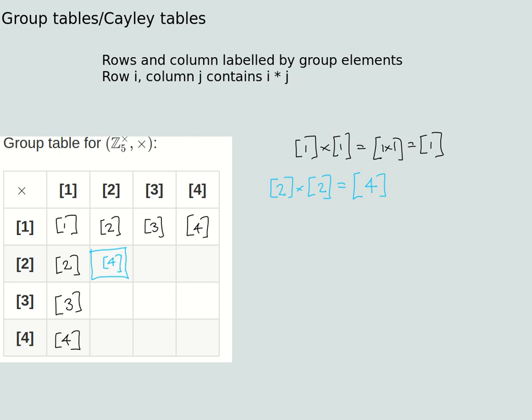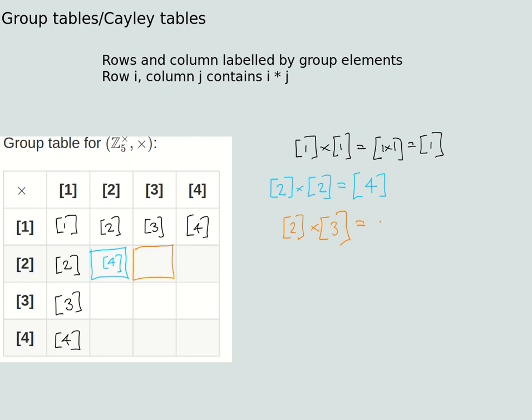Okay, let's do another one. So this time we're going to do this in orange. Here we go. In this cell of the group table, well, this time I'm in row 2 and I'm in column 3. So what I have to put in that table is the class of 2 times the class of 3.